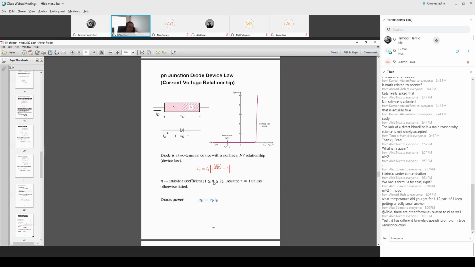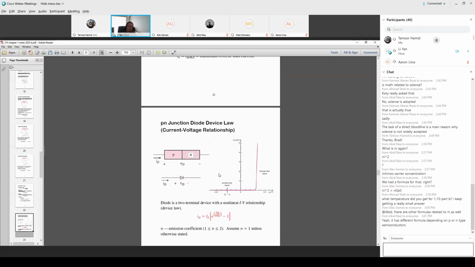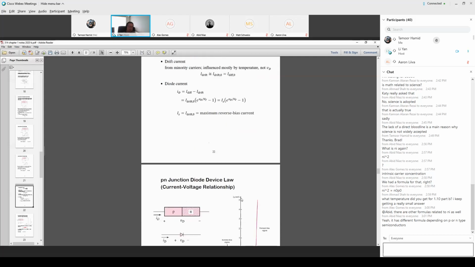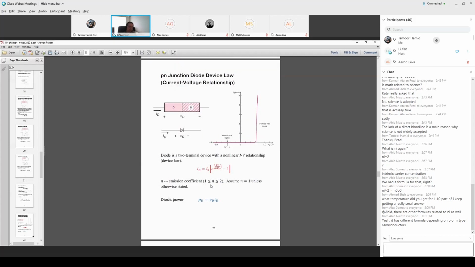So this factor n ranges from 1 to 2. If it is equal to 1, then it is completely the same as the formula I gave here, but it is slightly deviated from 1. In the rest of the book discussion and homework, we can assume n equals 1, unless otherwise stated. When I say unless otherwise stated, I can give you a heads up.